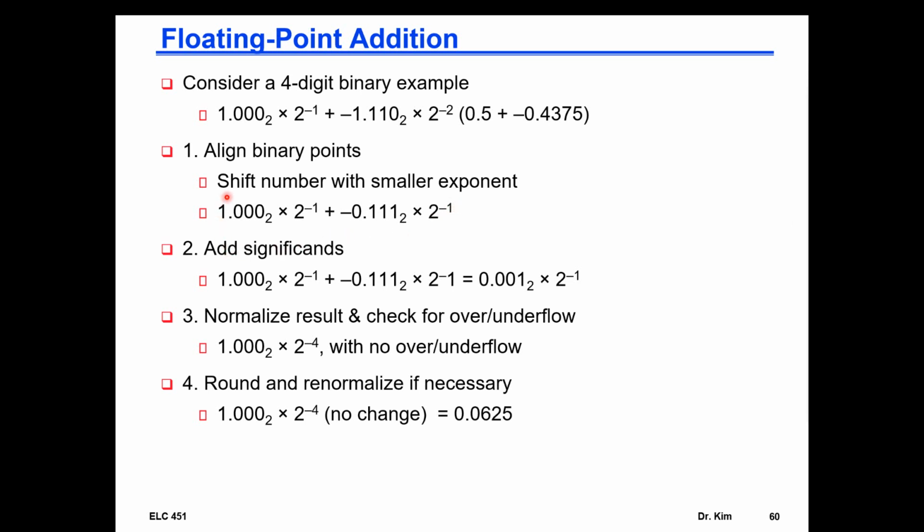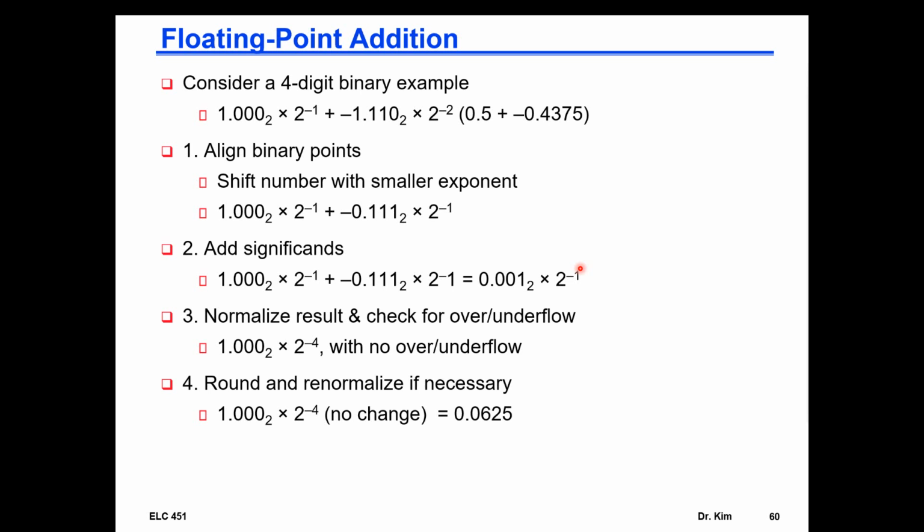So these significant parts here, once we have made the exponents the same, we can add them. So 1 plus minus 0.111. Okay? And that is going to give us 0.001 in binary times the same 2 to the minus 1, because it just factors out.